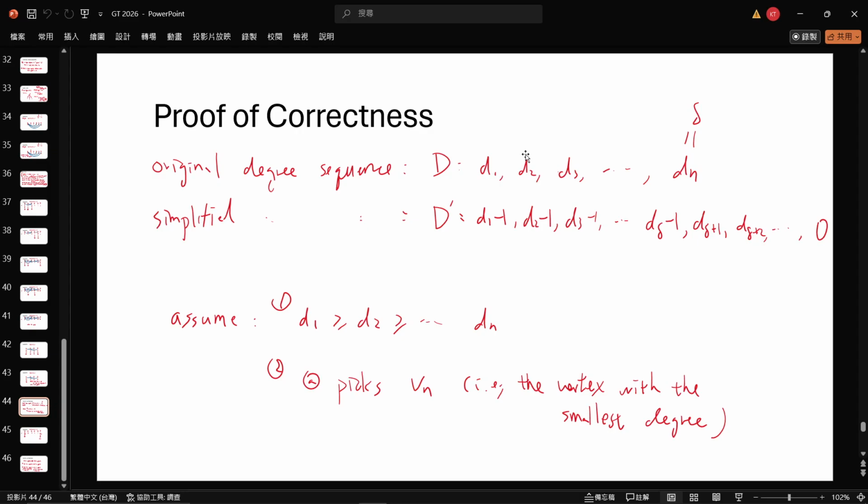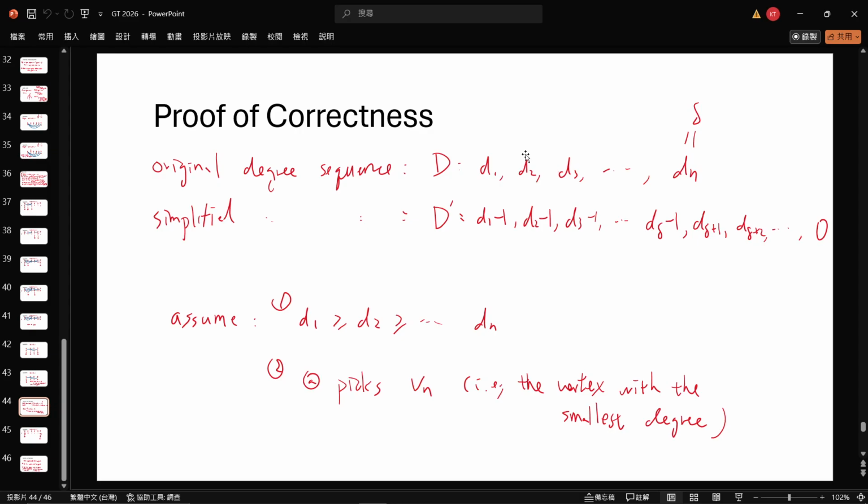For this D prime, we assume that for step A, we always pick the vertex with the smallest degree. This is why Dn becomes 0, because we find all the neighbors for Vn, so after a round the remaining degree will be 0.